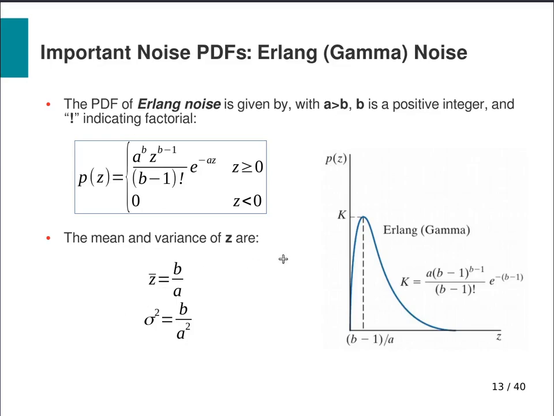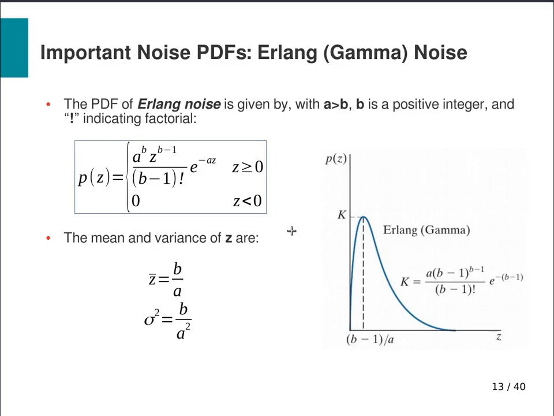You should also note that this equation is only valid for value of a being greater than b and b being a positive integer. In this form, this is called the Erlang noise, but b minus 1 factorial can be valid for values of b that are not integer too.